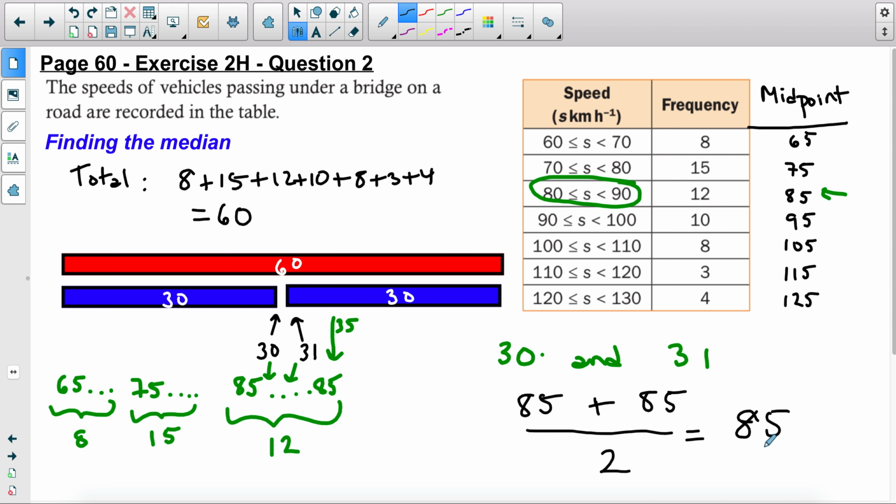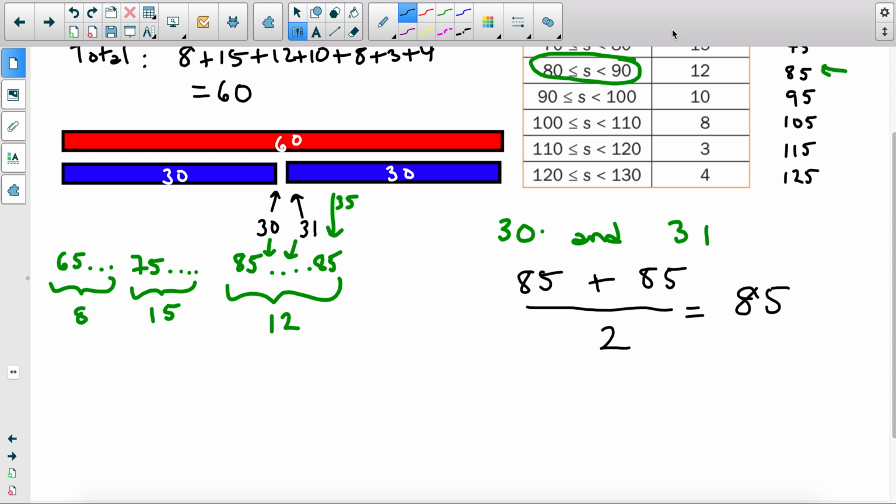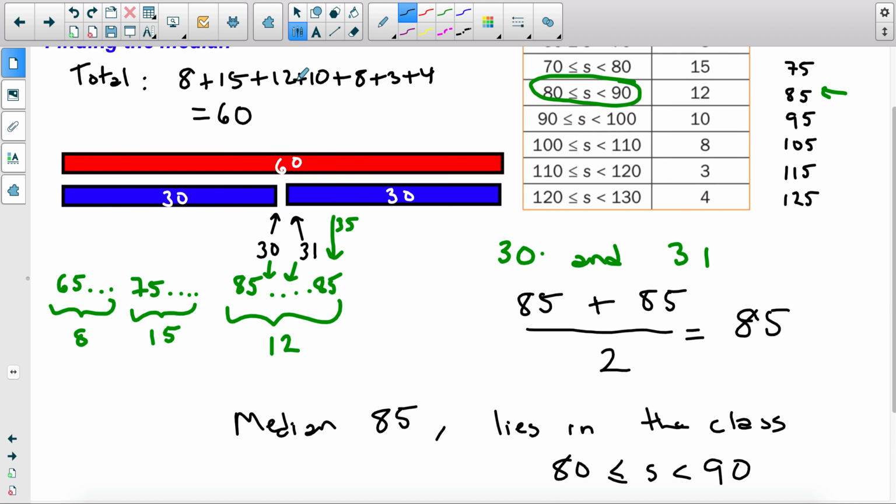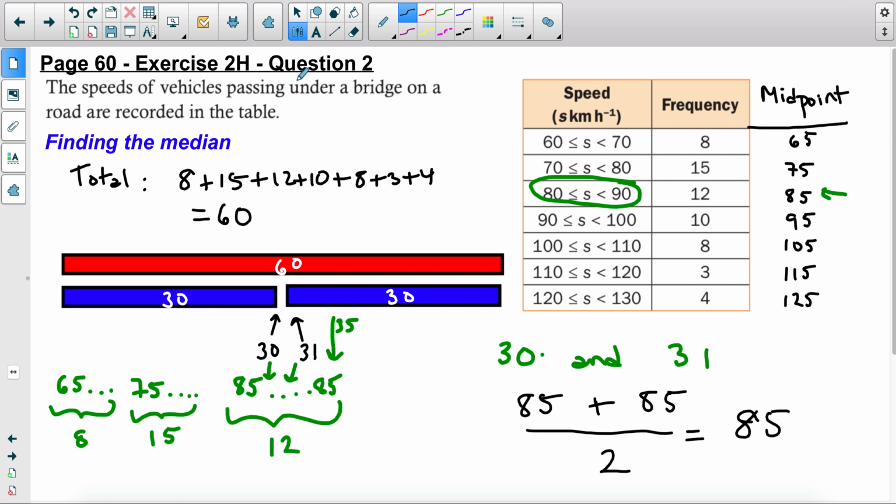So our median is 85, or you can say the median lies in the class 80 to 90. I would recommend doing more questions from the book on page 60 or exercise 2H, and try to find the median for as many questions as you can.